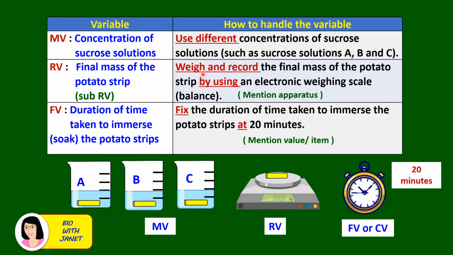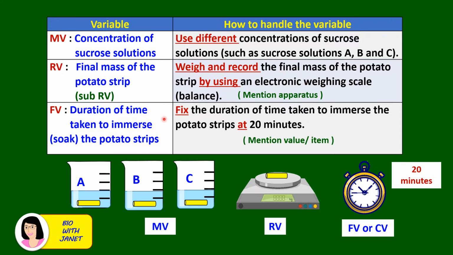So here it is weigh. You cannot say measure and record here. So weigh and record the final mass of the potato strip by using an electronic weighing scale. So weigh and record the RV by using the apparatus. Mention the apparatus when you are talking about RV, how you record the sub-RV. So the keywords here are weigh and record or measure and record the RV by using apparatus.